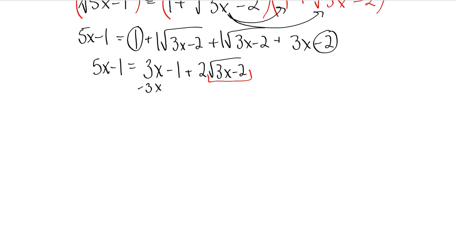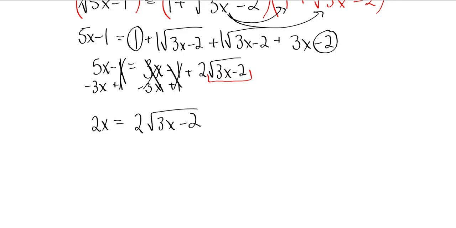All right, so move the 3x over. So that gets us a 2x on the left. We'll put that 1 over as well, and that'll cancel out. That'll be kind of nice. Okay. And we have left just that. And I don't think this one is going to be that bad.